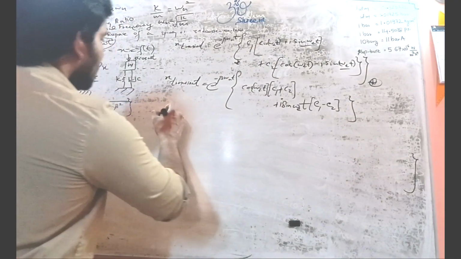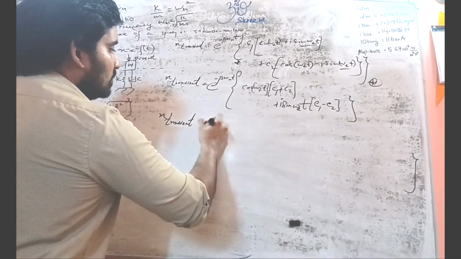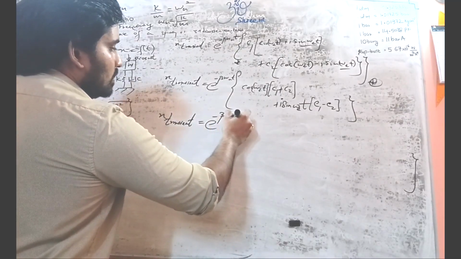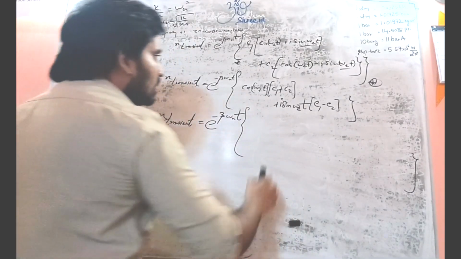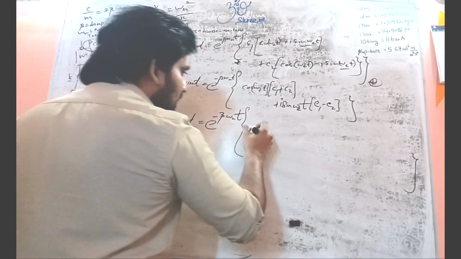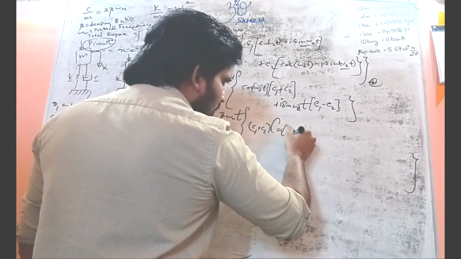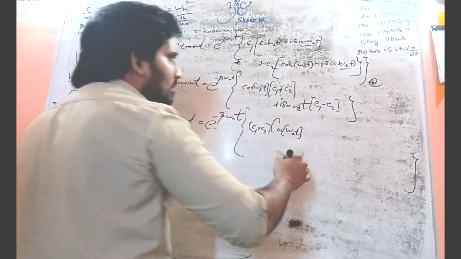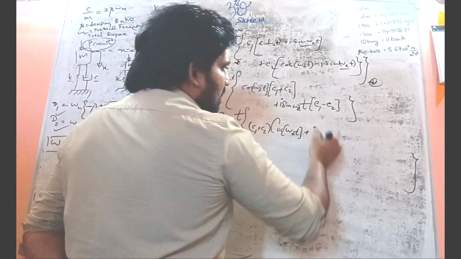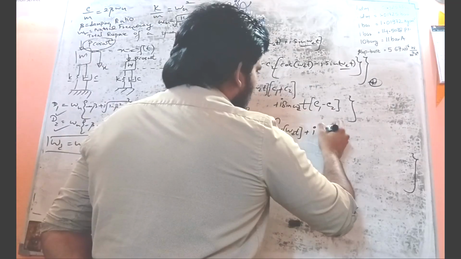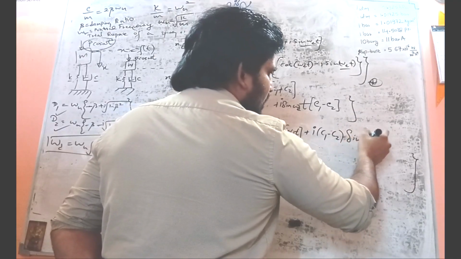So the transient solution equals e to the power minus beta omega n times t. We'll write the constants at the top. C1 plus C2 times cos omega d t, plus i times C1 minus C2 times sine omega d t.